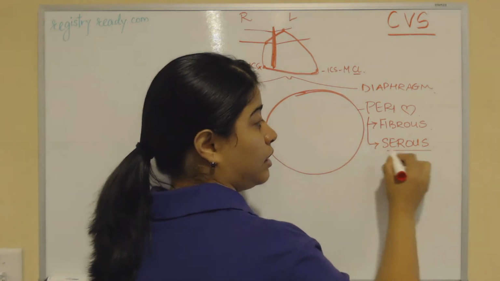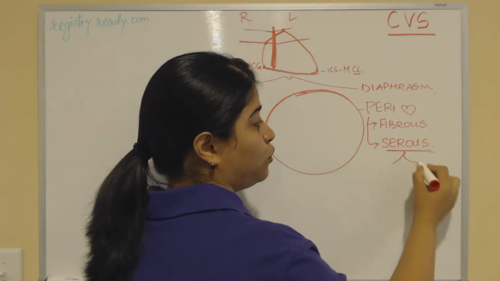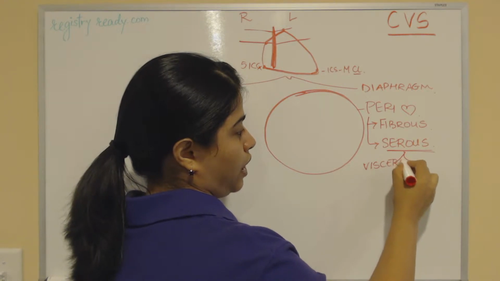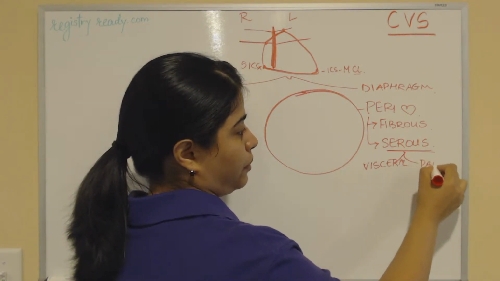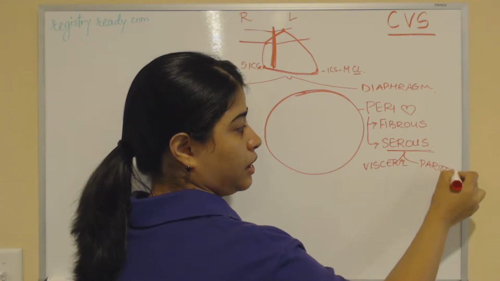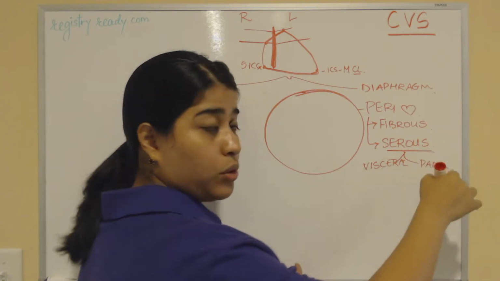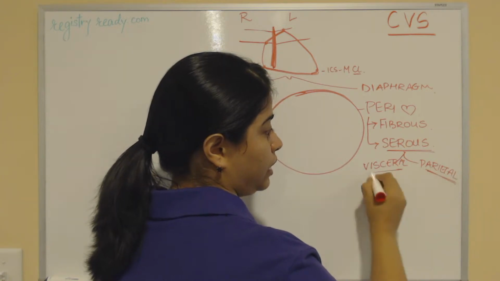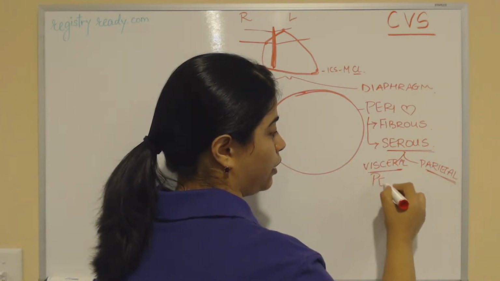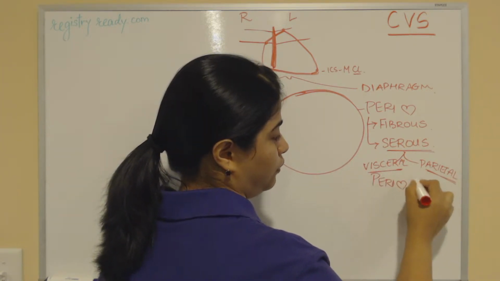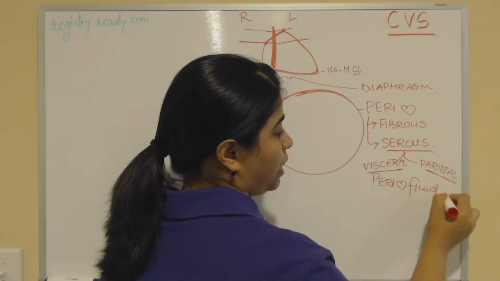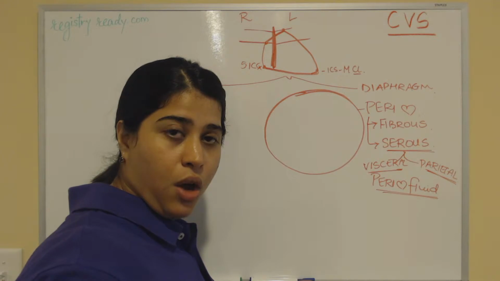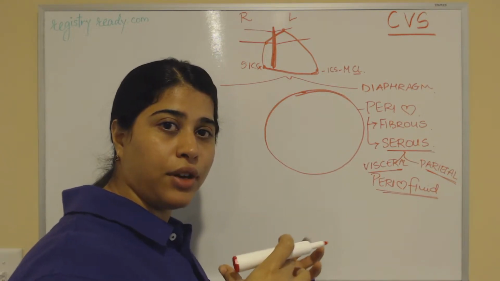So the serous layer in turn also has 2 flaps. One is the visceral flap and one is the parietal flap. The parietal is going to be the outermost part, the visceral is going to be the inner part. And between these 2 layers, we have the pericardial fluid. Pericardial fluid helps to avoid any kind of friction when the heart is contracting and relaxing.